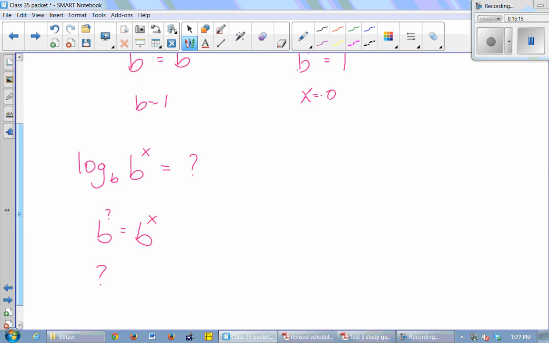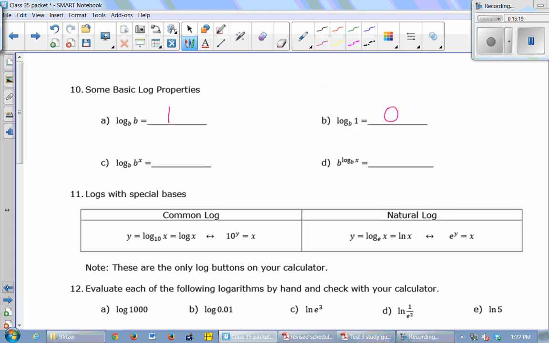So what does my question mark have to be? X. Yeah. So log base b of b to the x gives you x back. And this is because logs and exponentials are inverses. This is a composition of log base b of something and b to the x. You plug one into the other, you should get the x back. They're inverses.